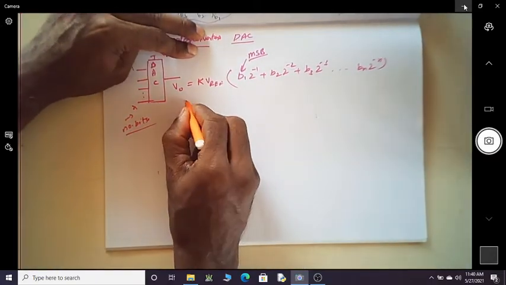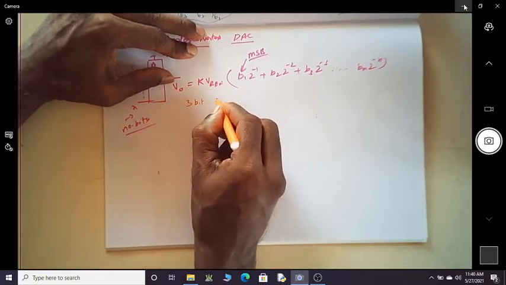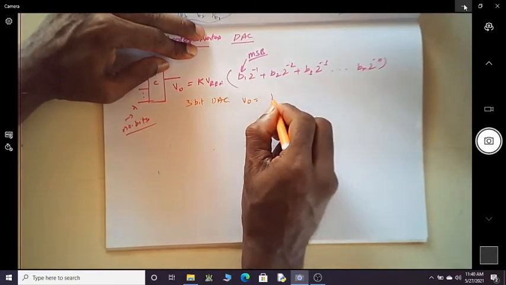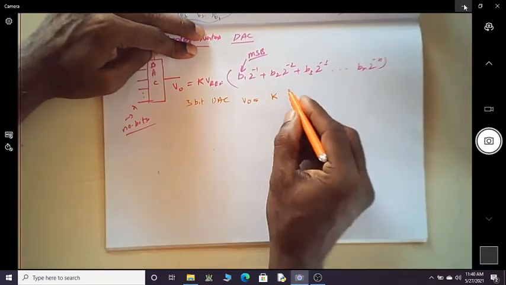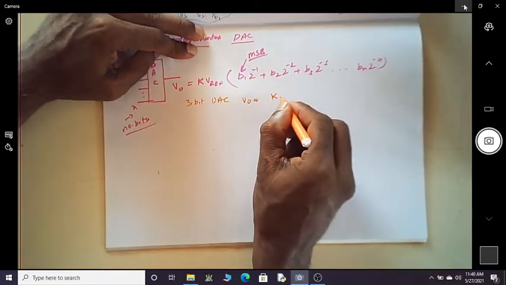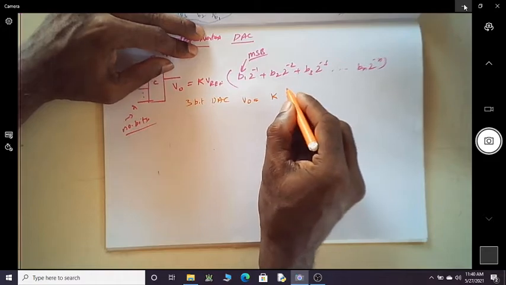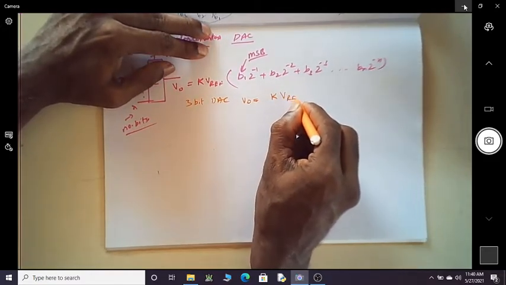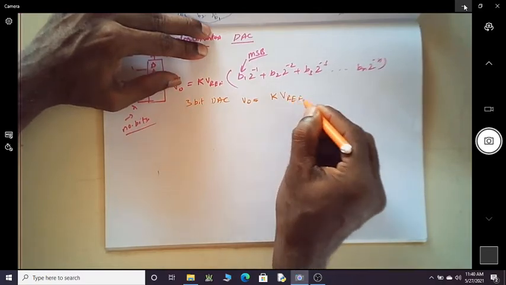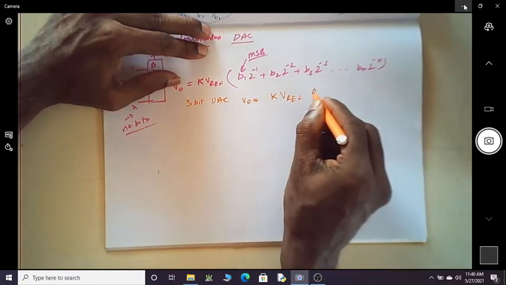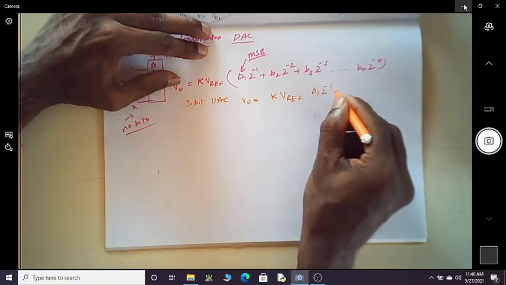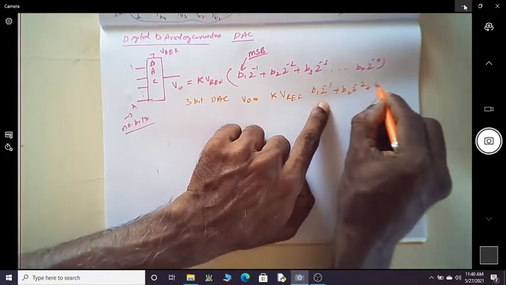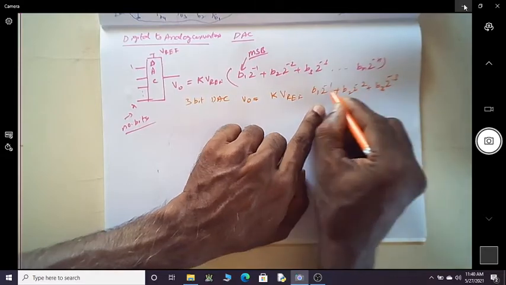Suppose you are looking at a simple 3-bit DAC, the output voltage V0 will be given by K, which is the gain of the circuit, which can be any integer. So usually if you take K equal to 1, the gain becomes unity, and it will be V reference times B1 to power minus 1 plus B2 to power minus 2 plus B3 to power minus 3.